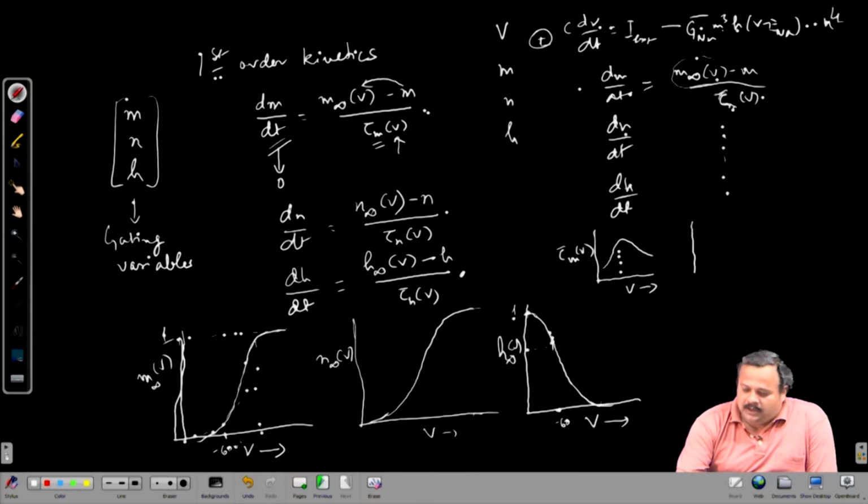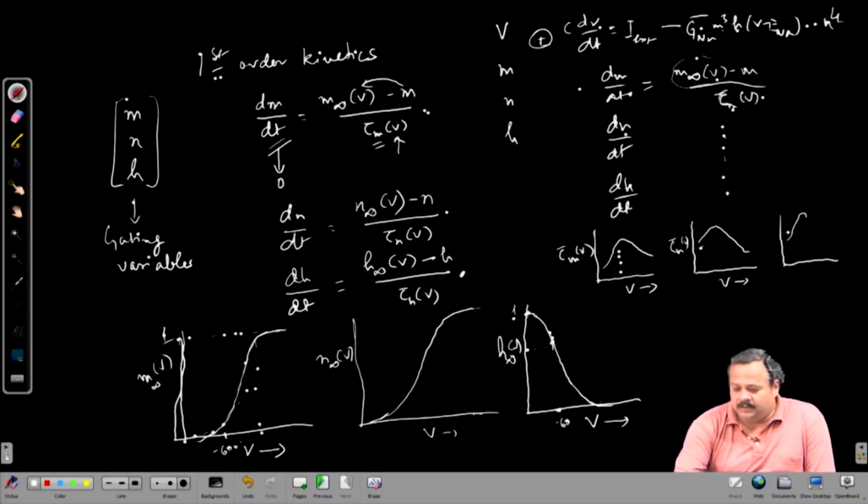Again, the exact plots are available in your reading material, and essentially the nature would be something like this, a bell shaped thing. So, this is tau h V, and this is voltage, and this is V rest or minus 60 millivolts.